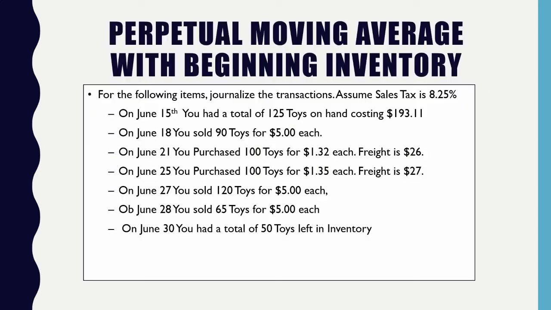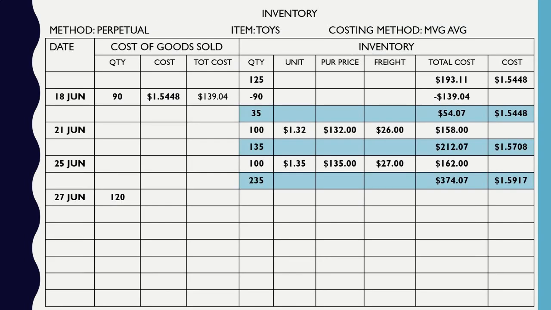So then on the 27th of June, we sold 120 toys. Once again, I'm going to plop that information right here in my left table. I sold 120 items, which I know from my average cost per item is going to cost me $1.5917.